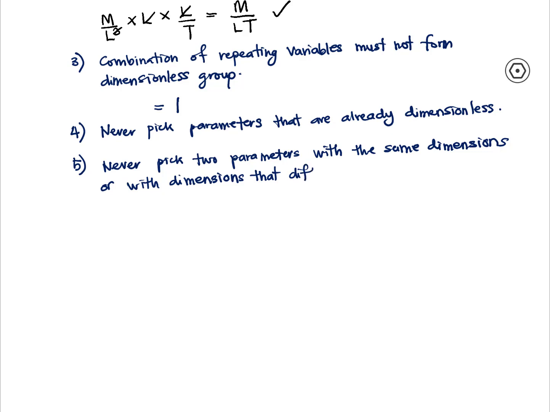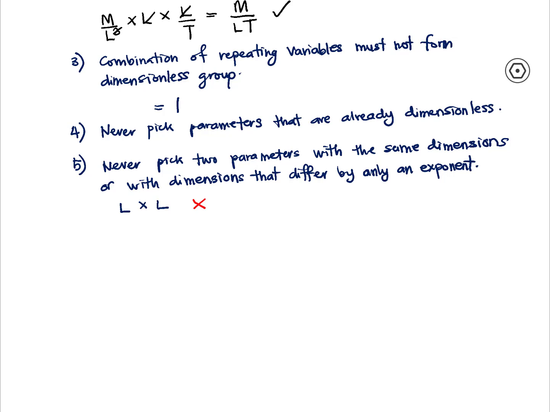So for example, you already select length, and then you want to select another parameter which is length. So this is what point number 5 said, that you never pick two parameters with the same dimension.